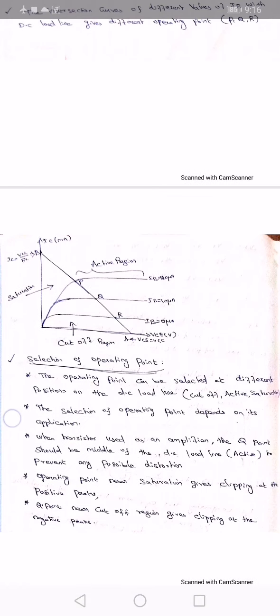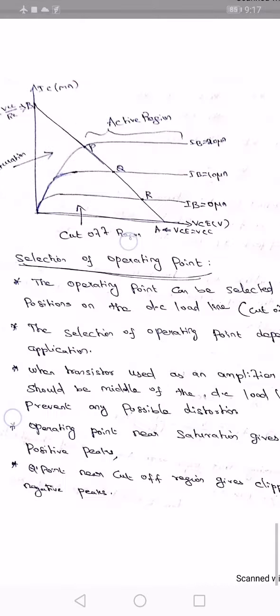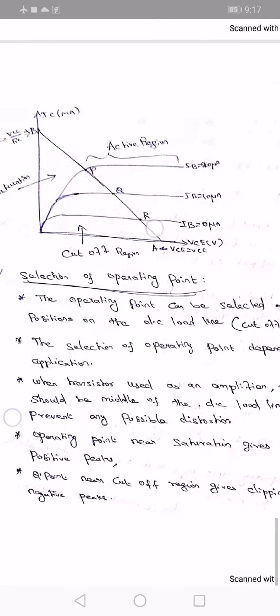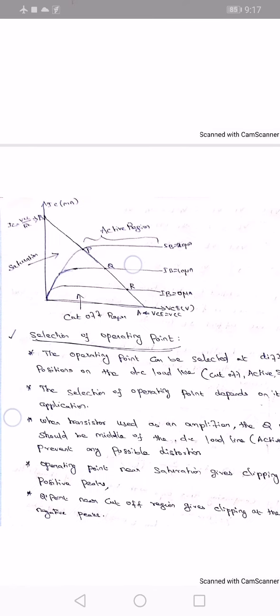Selection of operating point. Now we have 3 different operating points. If the transistor works in an amplifier circuit, the operating point should be in the middle of the active region. Then only it becomes an amplifier. But it is possible to shift this Q point into the saturation region or the cutoff region due to transistor parameters, right?